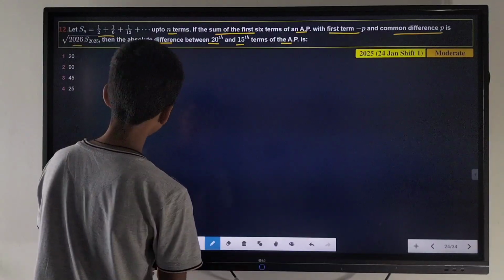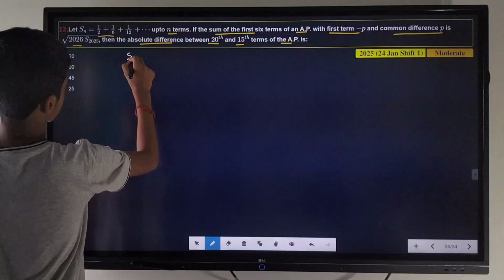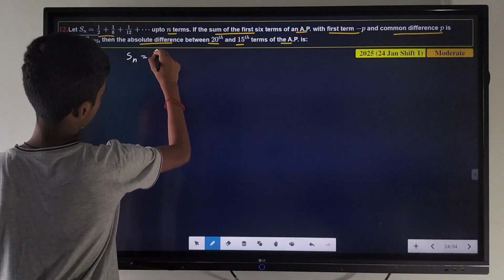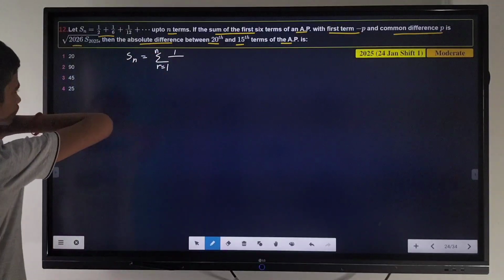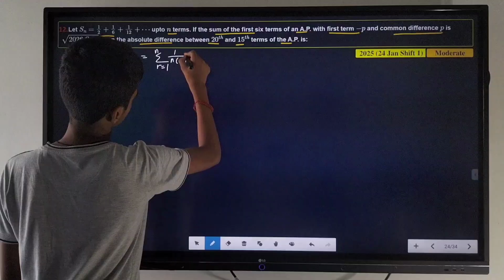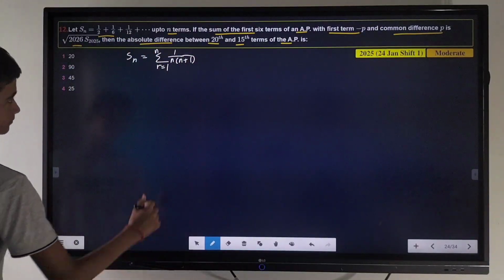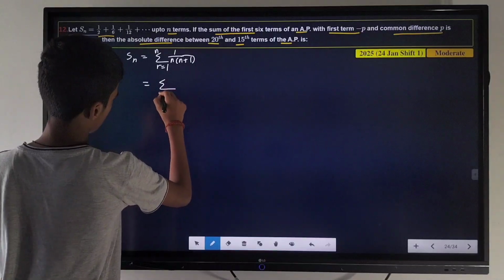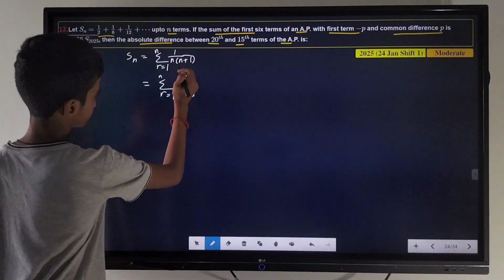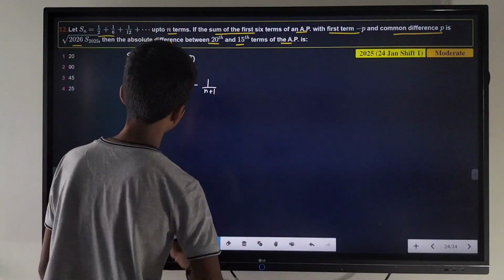So first of all, we can write S of n as sigma r is equal to 1 to n, 1 upon n into n plus 1, that is 1 into 2, 2 into 3 and 3 into 4. So this is equal to sigma r is equal to 1 to n, 1 upon n minus 1 upon n plus 1.